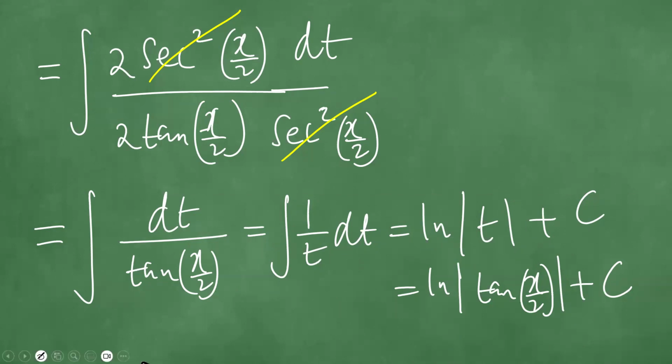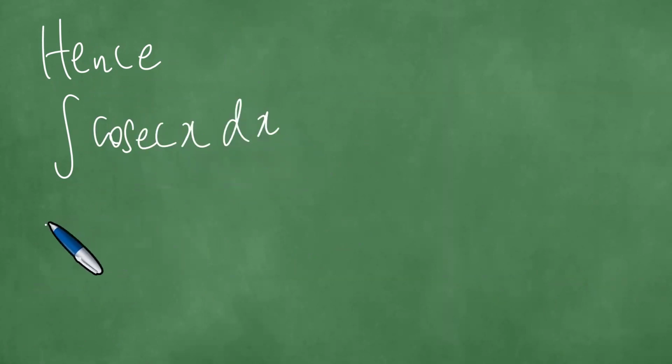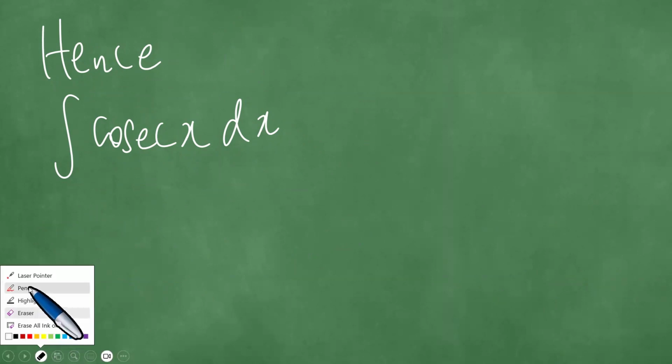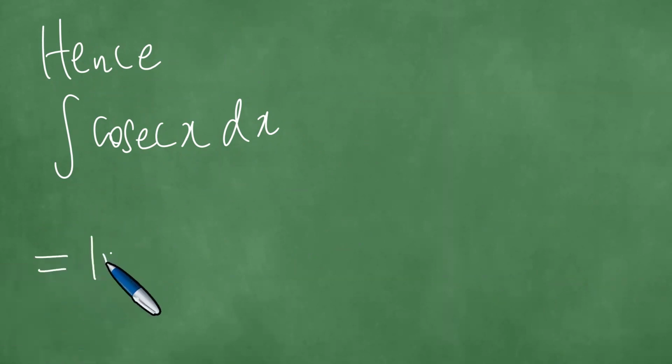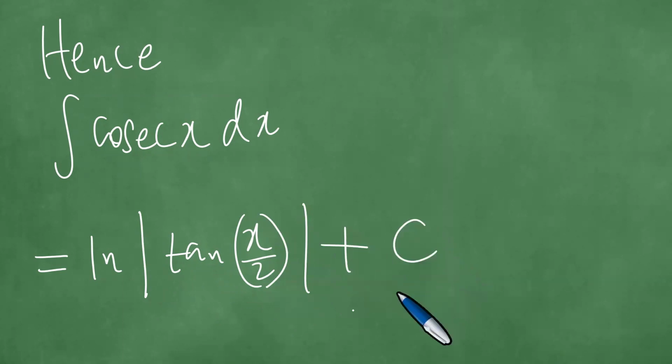In other words, hence the integral of the cosecant of x with respect to x is also equal to the natural log of the tangent of x over 2 plus c.